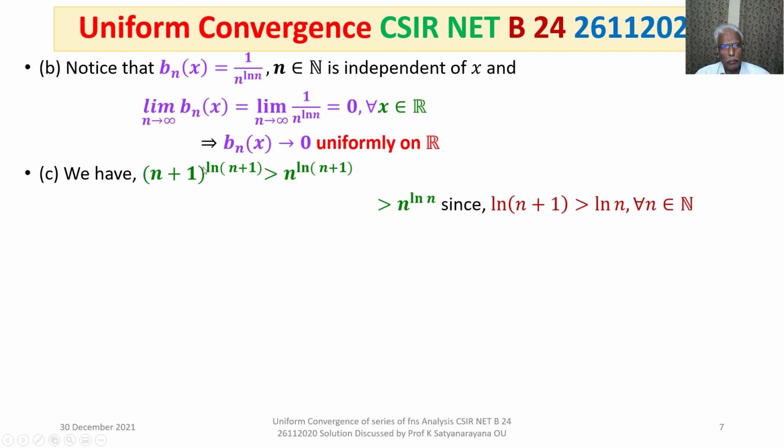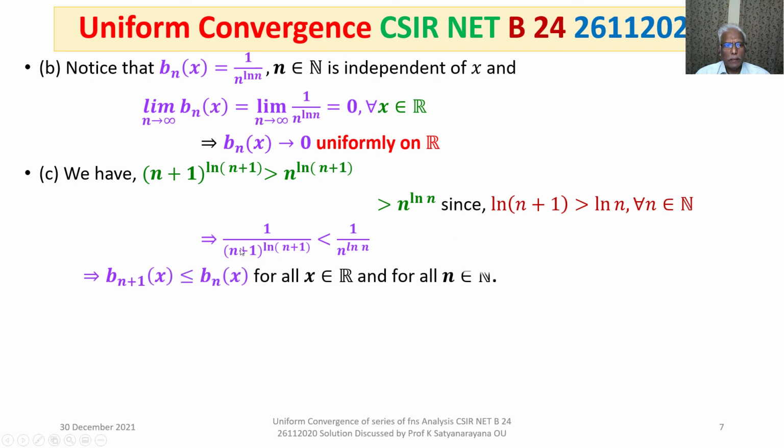Since this is greater than, it will become less than. 1 by n plus 1 to the power of ln of n plus 1 is less than 1 by n power ln of n. That is, this is nothing but b_(n+1)(x), and this is b_n(x), strictly less than.